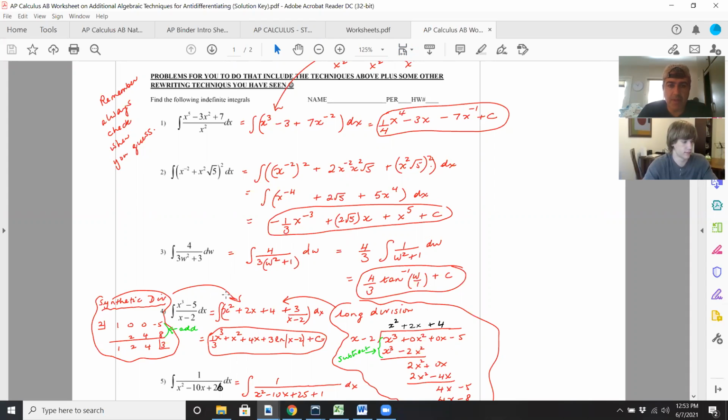For number 2, you have an expression being squared. So you could actually FOIL it. That's what was actually being done here. So you do x to the -2 plus x squared root 5 times itself. There's actually a foiling process that's going on here. Let me do a different color for a bit of contrast.